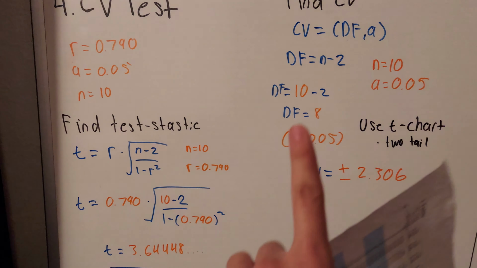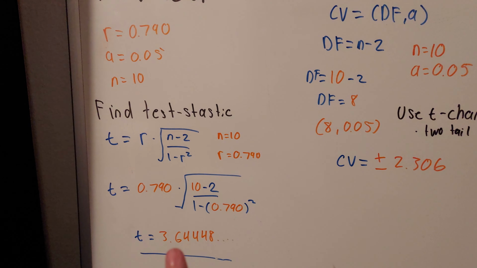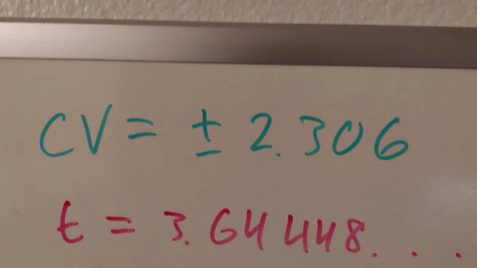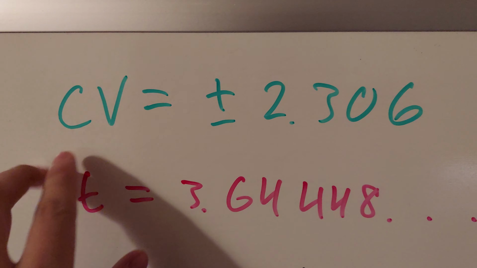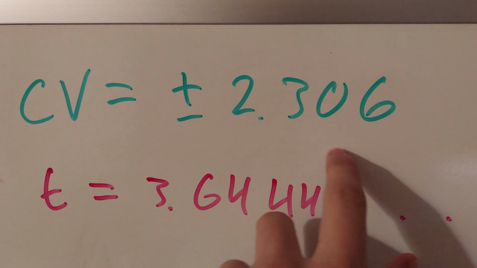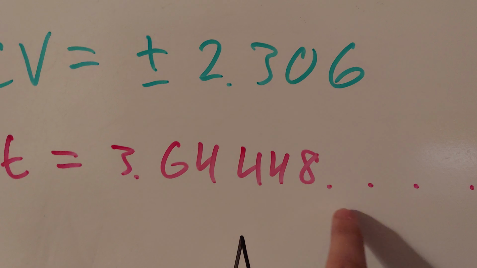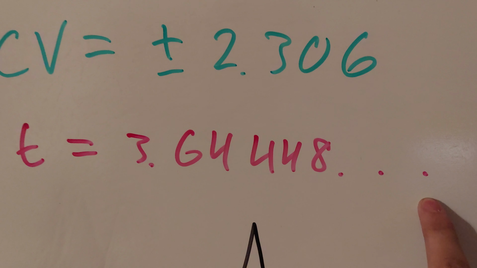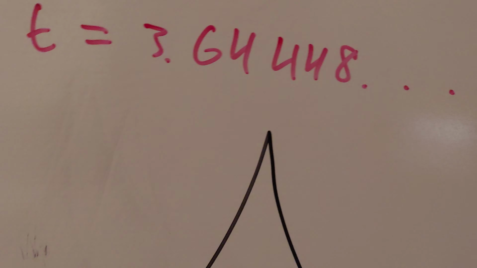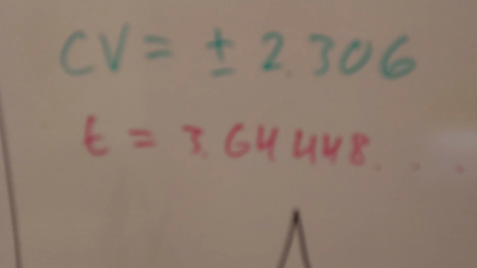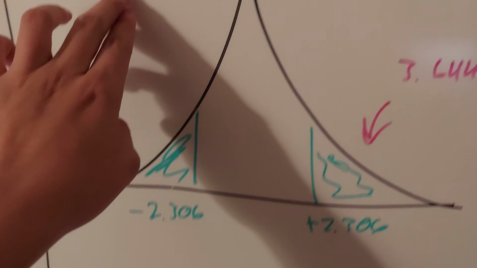We have the critical value, and we have the test statistic. Now, let's do our figure. I wrote it in green and pink. Critical value is going to be positive negative 2.306, and t is equal to 3.64448 with some more numbers represented behind it. Like we did earlier, we're going to get our critical value and put where we think it is.